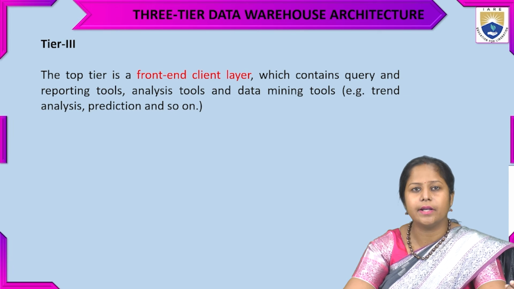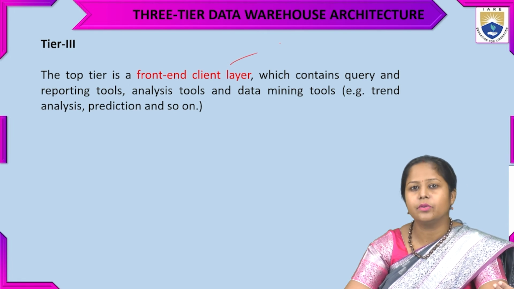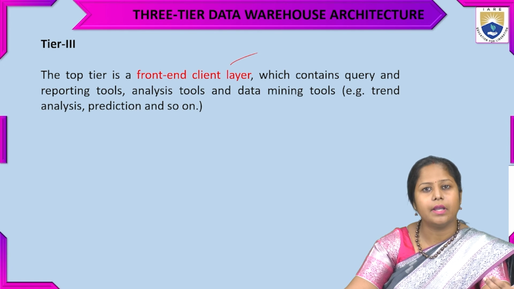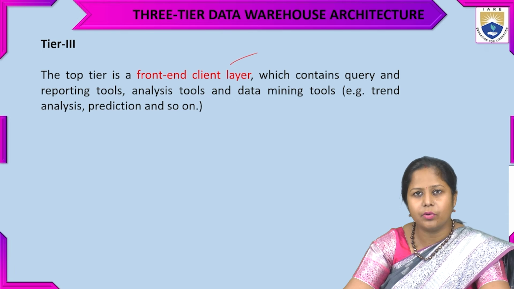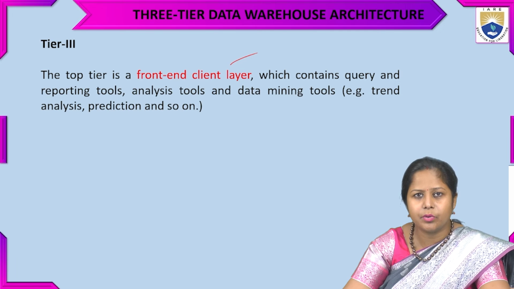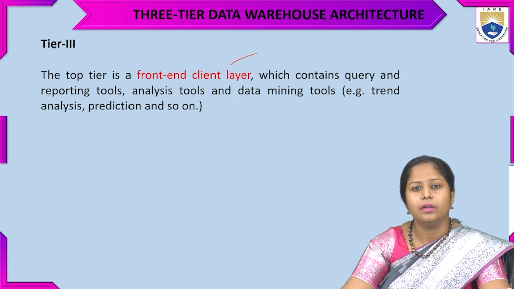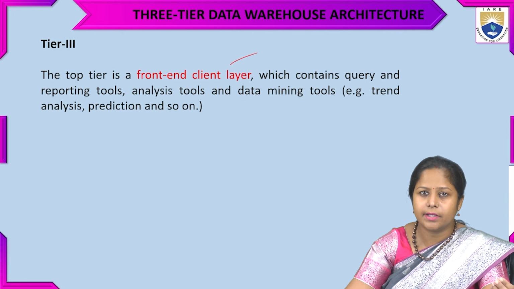Tier 3 is the top tier, that is the front-end client layer. It is also the output layer. In it, the end user will be able to see query reports, since some queries will be given and some reports produced. The end user will be able to do analysis and data mining.